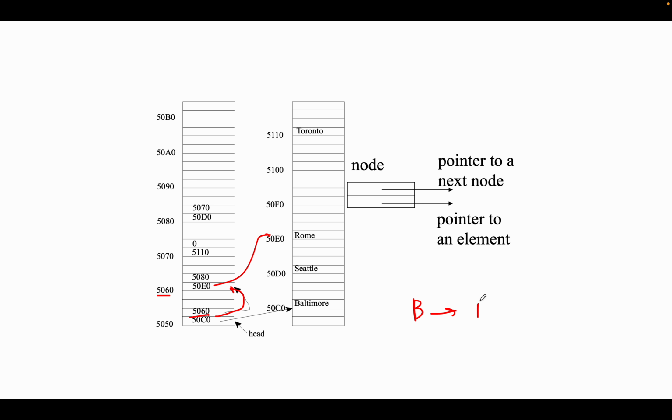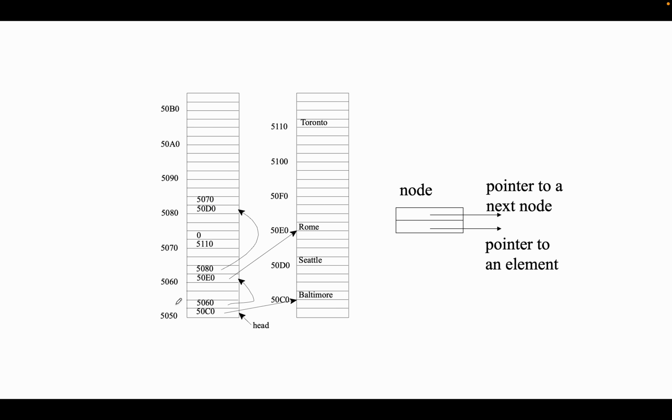Then the next node is this one, 5080, which represents the value 50D0, and 50D0 is S. Then the next node points to 5070, and the value is 5110, which is T. So the nodes point in this way. This is the linked list in memory.